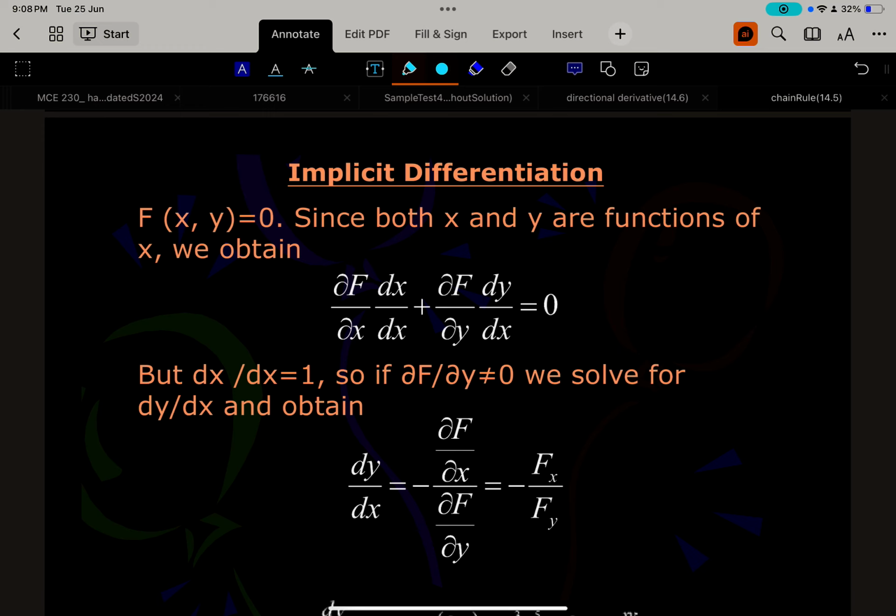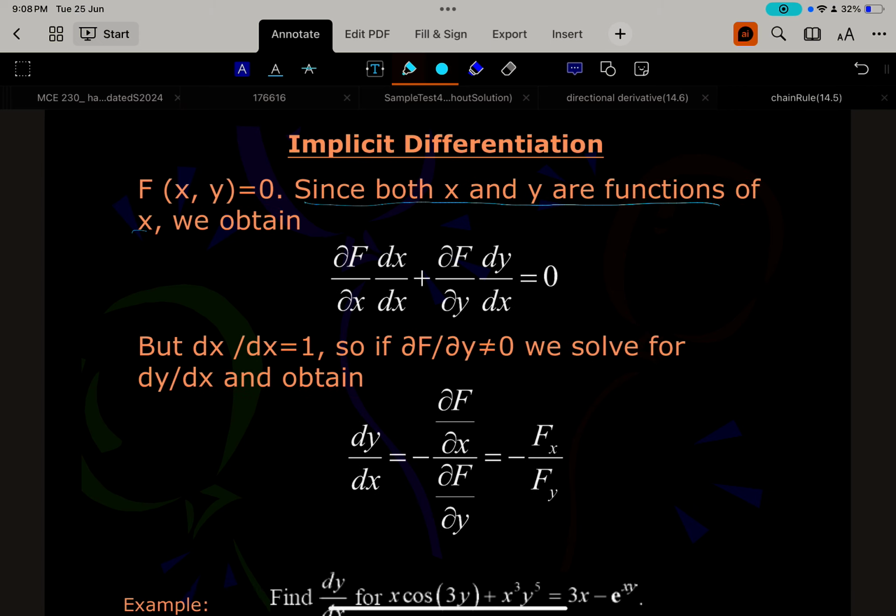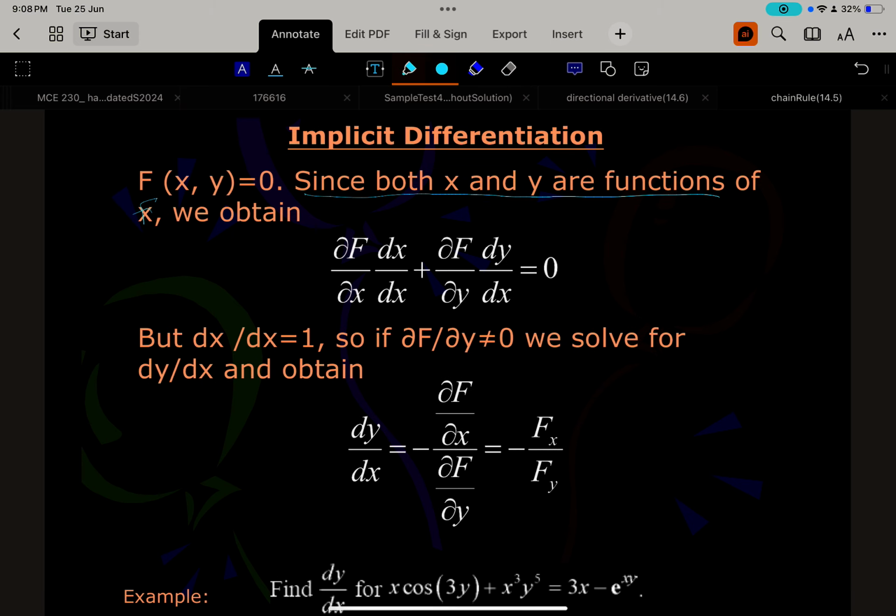So basically it's saying, since both x and y are functions of x, we're gonna have the partial derivative of f with respect to x times dx with respect to x, plus f over y and y with respect to x.